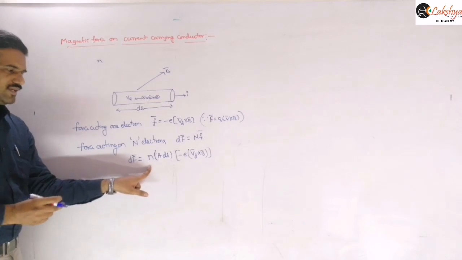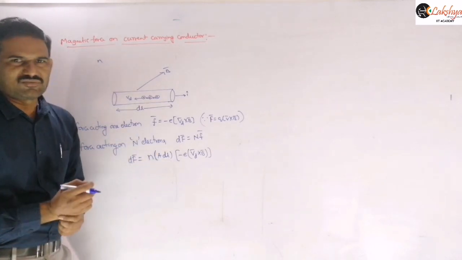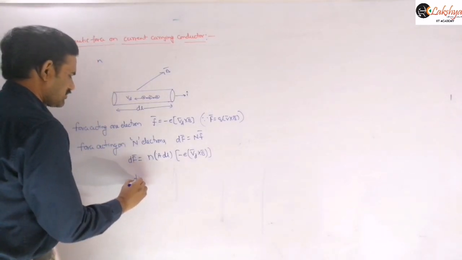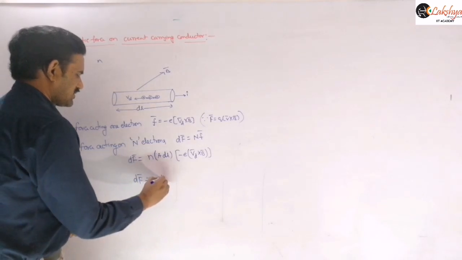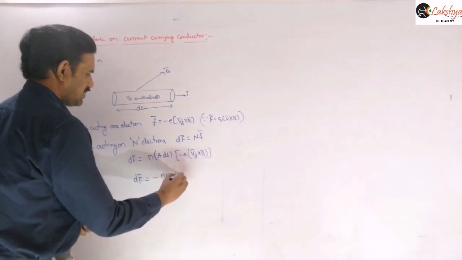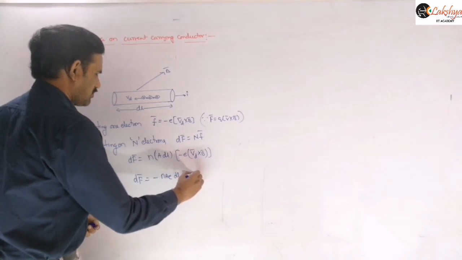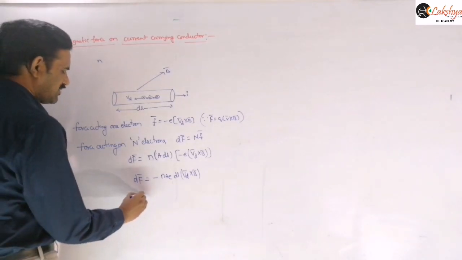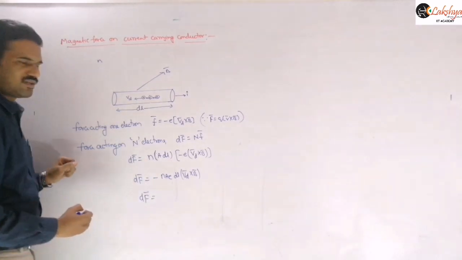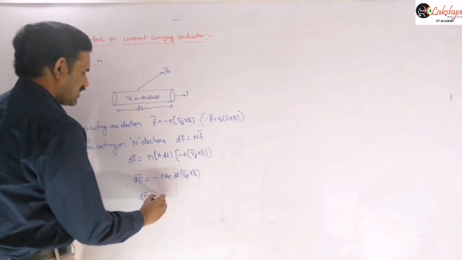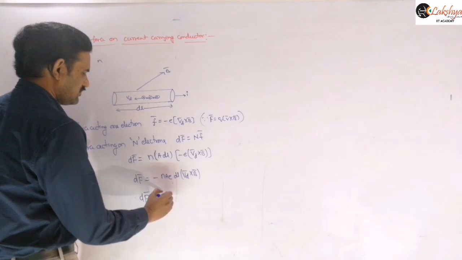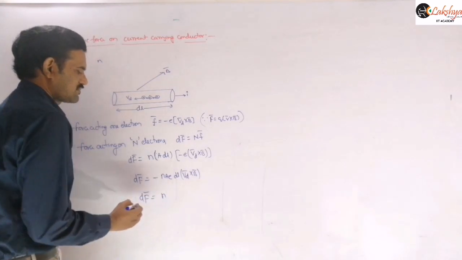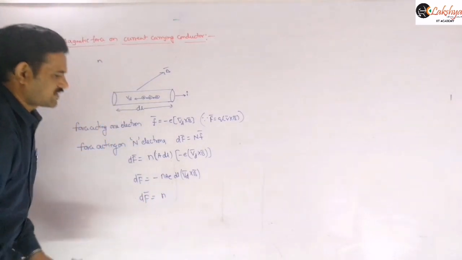Total number of electrons: number of electrons per unit volume into the volume of that part, I am writing there. And so next here we need to change this expression. So see this, minus nAe into dl into Vd bar cross B bar. Now I am changing this vector, observe this carefully.